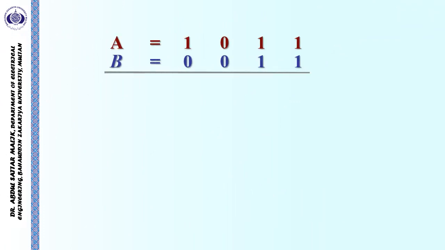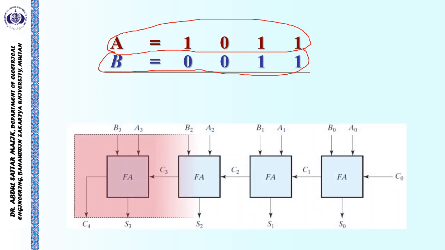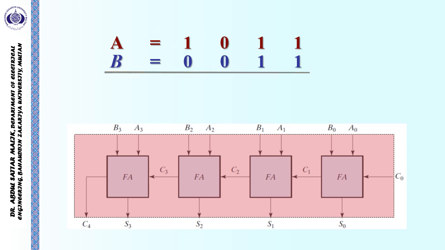Let us elaborate it in another case study example. Suppose we have a number A as 1011 and another number B as 0011. When we add these two numbers with the help of a parallel binary adder circuit, first of all, let's take the least significant carry as 0.